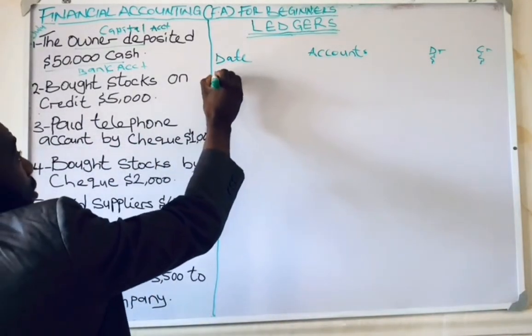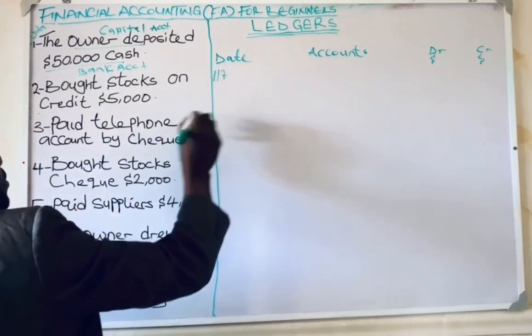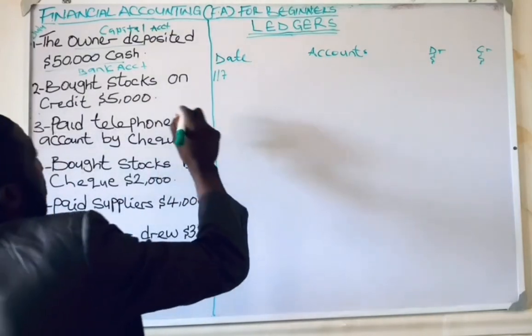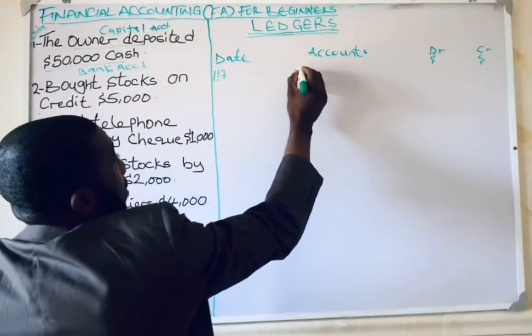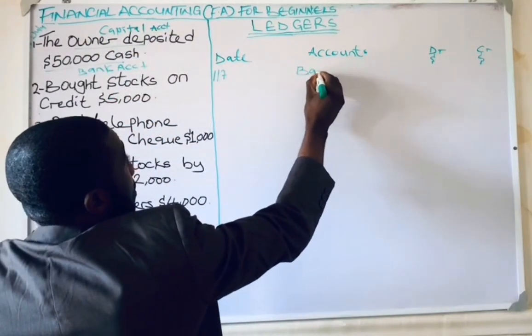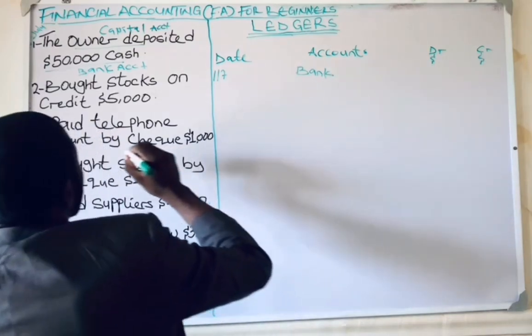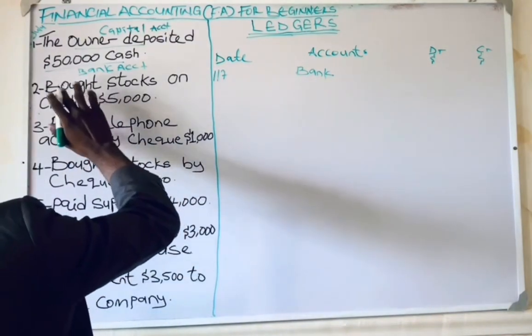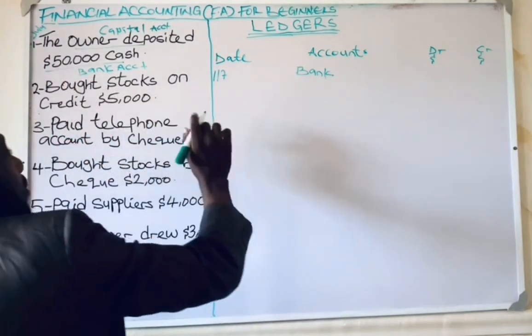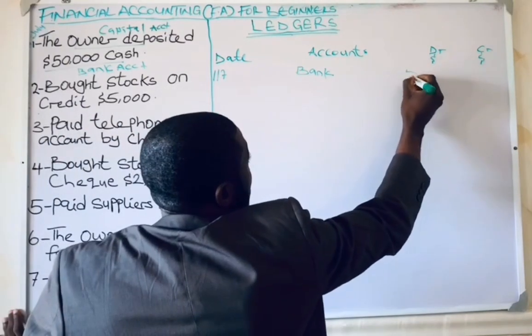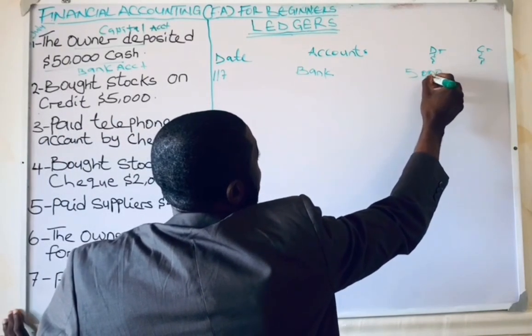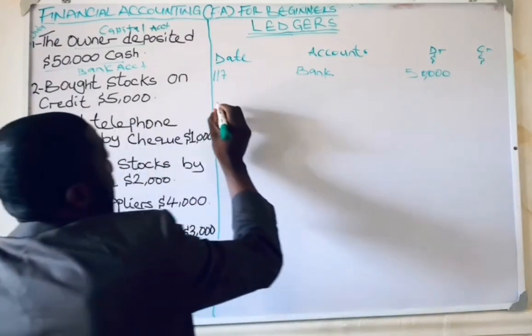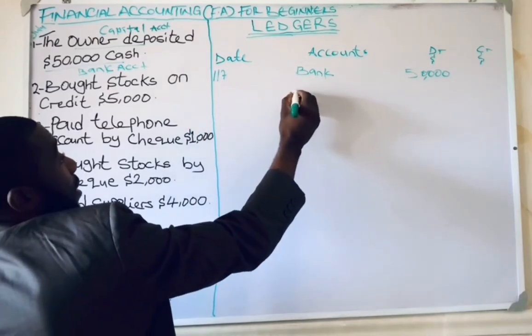So the 1st of July, bank. Watch my last video, and you'll understand it very well. So the bank is $50,000, and on that same date we have capital.